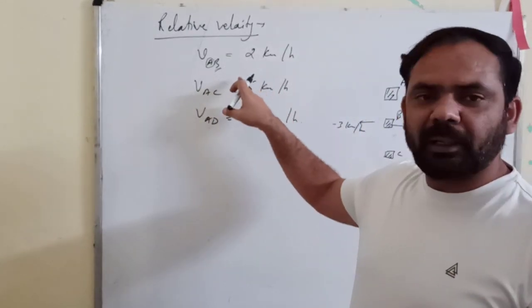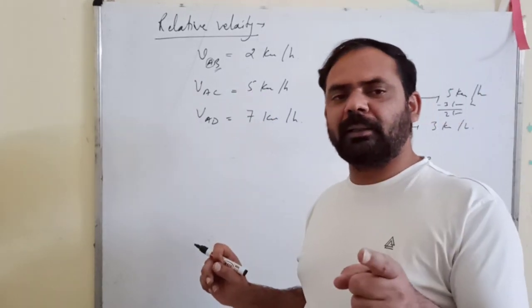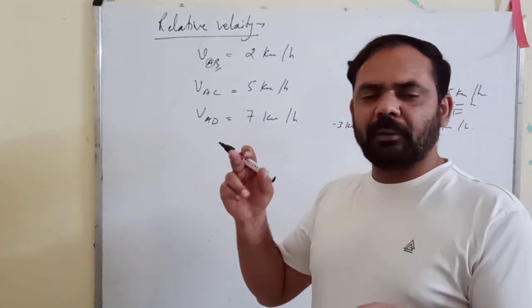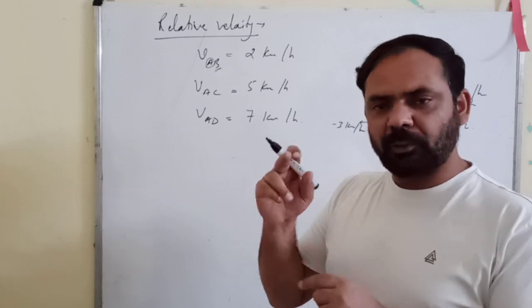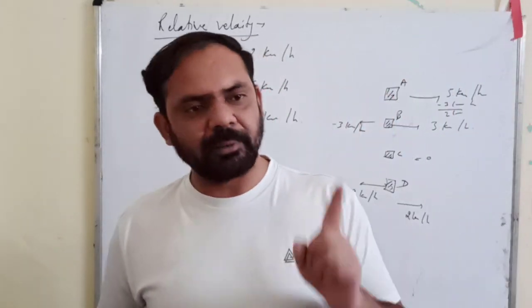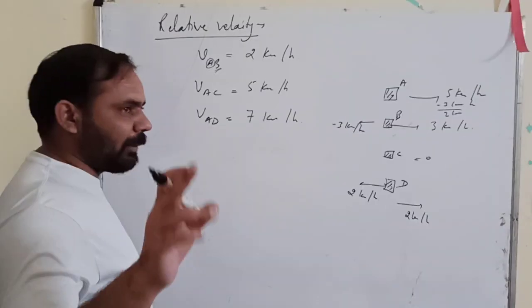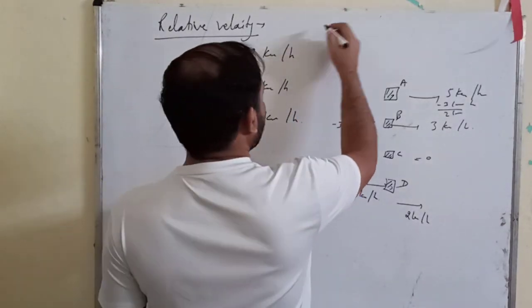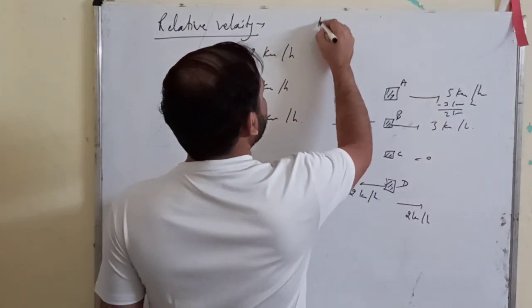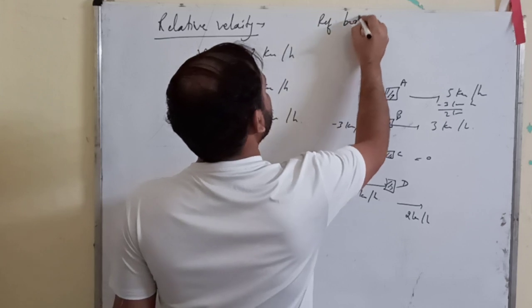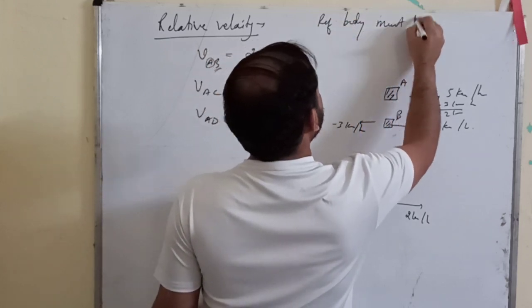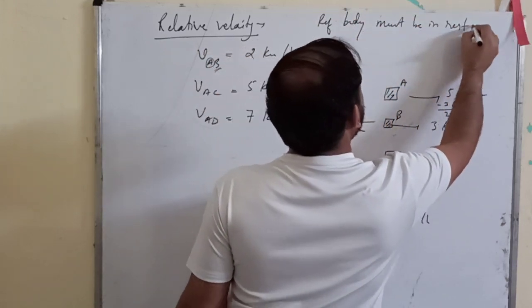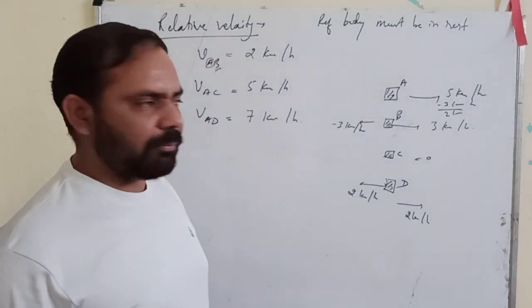The second body, with respect to which you are finding the speed, has to be in the state of rest. You will have to bring that body to rest. Remember this statement particularly. You can note down somewhere that the reference body must be at rest.